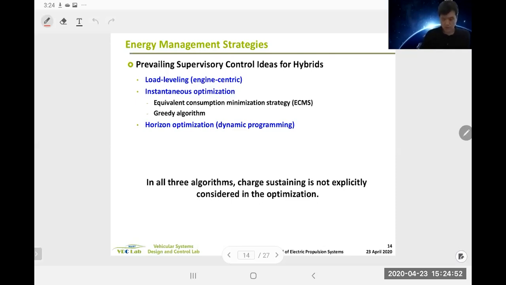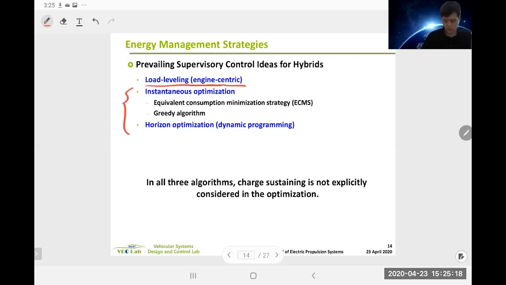So we just looked at one of many control ideas, which was load leveling. But there are other smarter approaches, such as optimal control.